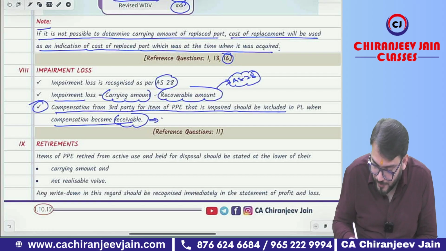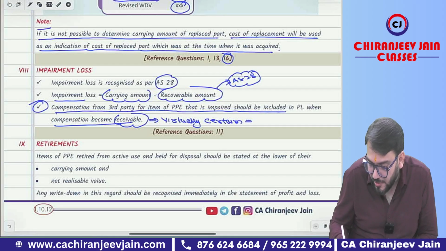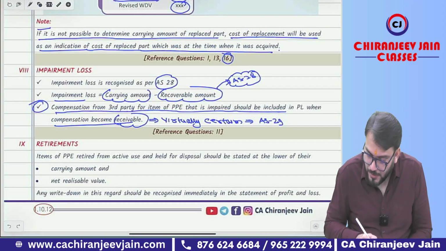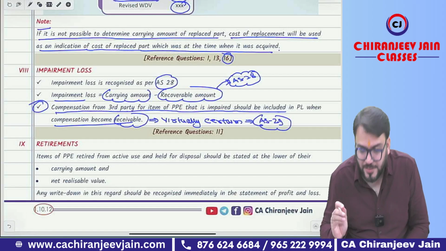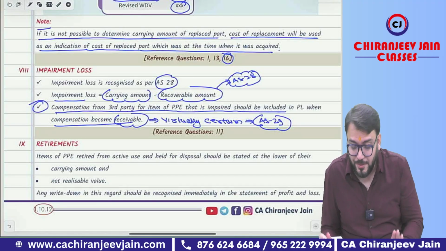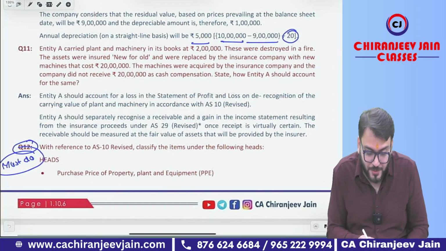Write down again: virtually certain. Just write down, refer AS29. There is one question in the ICAI study material regarding this. I don't know whether it is important or not, but refer to it, because it is a question of the ICAI study material.